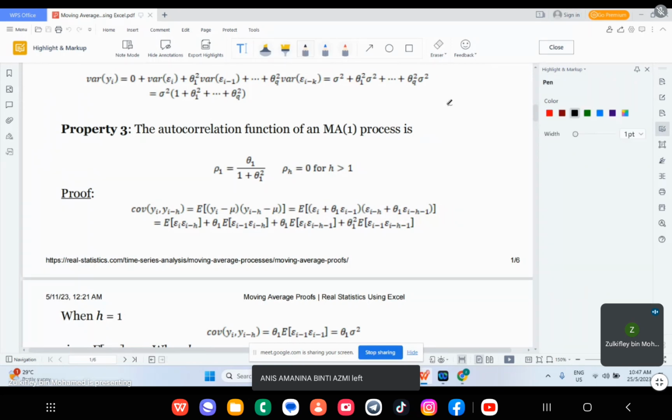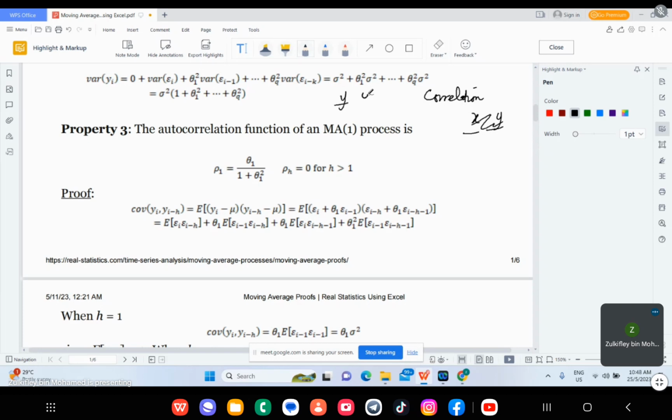So if you still remember correlation from when you studied basic statistics, correlation means the relationship between X and Y, the association or the correlation or the relationship between X and Y or Y and X, then the association or the relationship is known as the correlation.